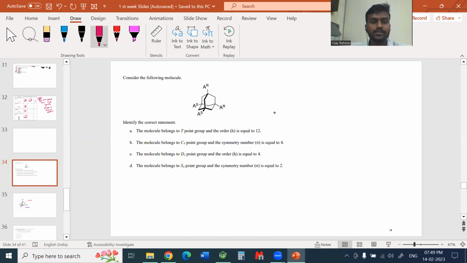The next question: consider the following molecule and identify the correct statement. First option: the molecule belongs to the T point group and the order is 12.